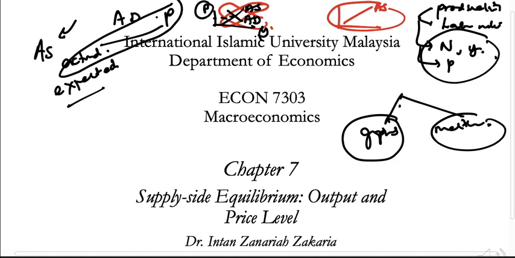But now, in order for us to start analyzing the aggregate supply, we relate aggregate supply with the expectation of economic demand in the whole economy itself. So let's look at the relationship between actual price and expected price. All right, so let's begin.